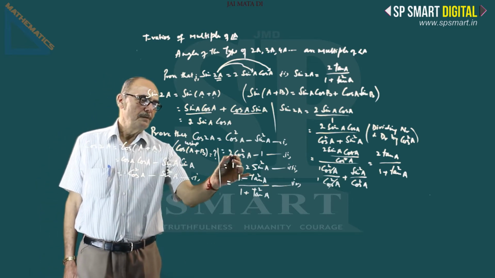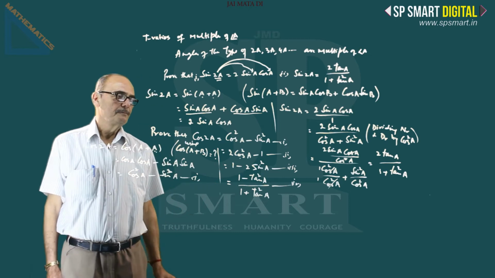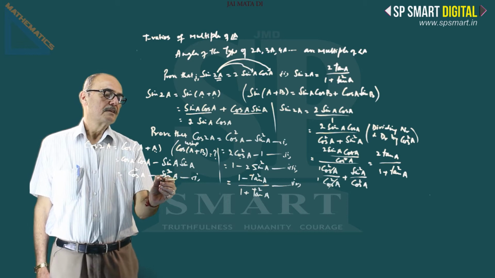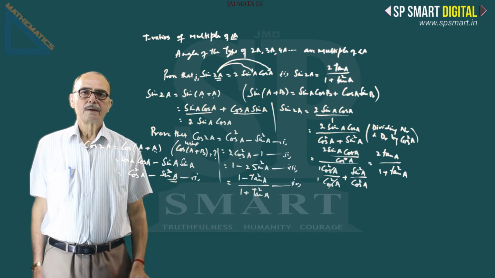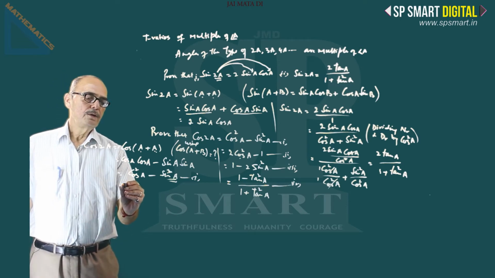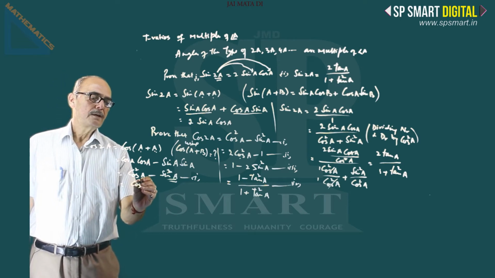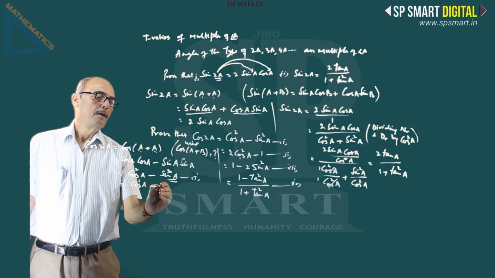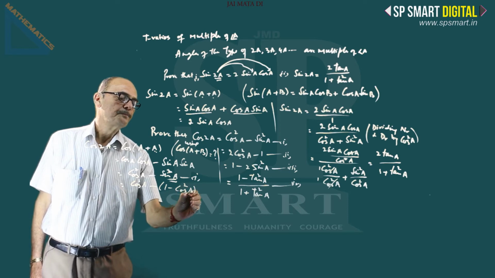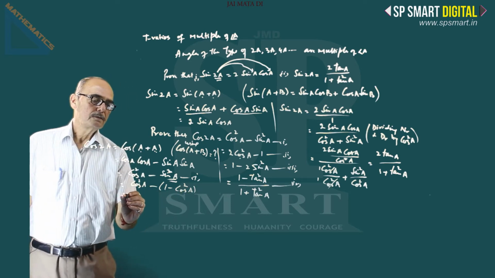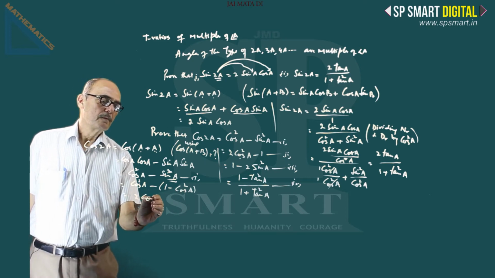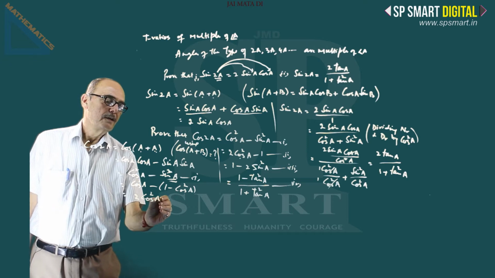Now, in the second formula we observe we have cos square A, not sin square. So, change this sin square A in terms of cos square A, using 1 minus cos square A, and when you open the bracket, this will be twice cos square A minus 1.